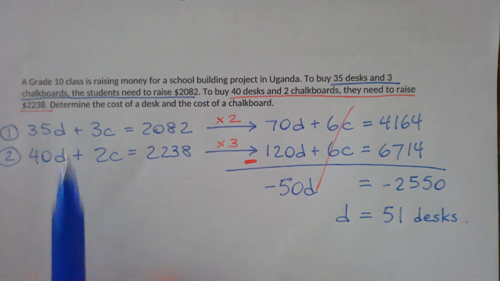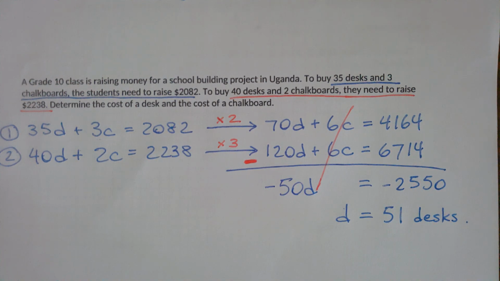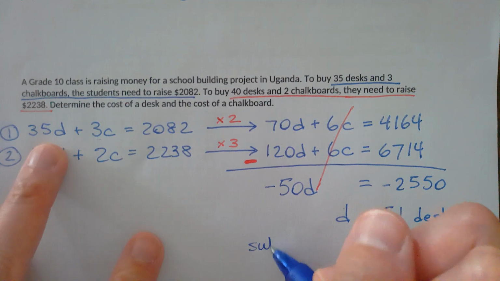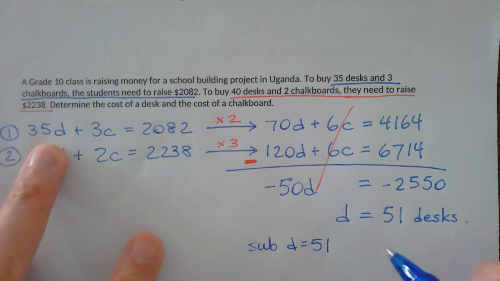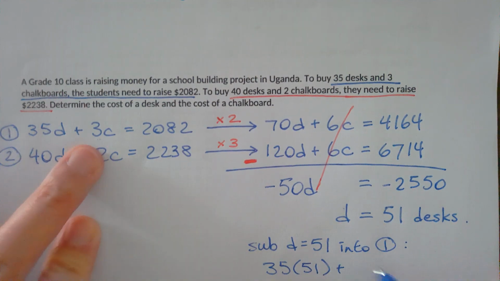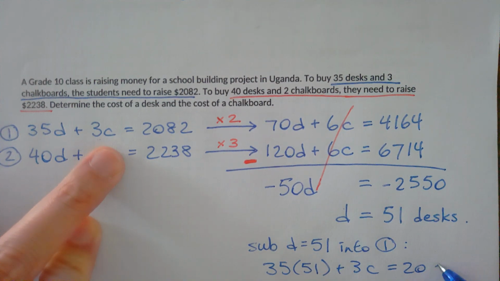So, did I finish this question though? No. Okay, so what's my next step? You have to plug the 51 into the original equation to find the number of chalkboards. So if I substitute D equals 51 into the first equation, 35 times 51 plus 3C equals 2082.